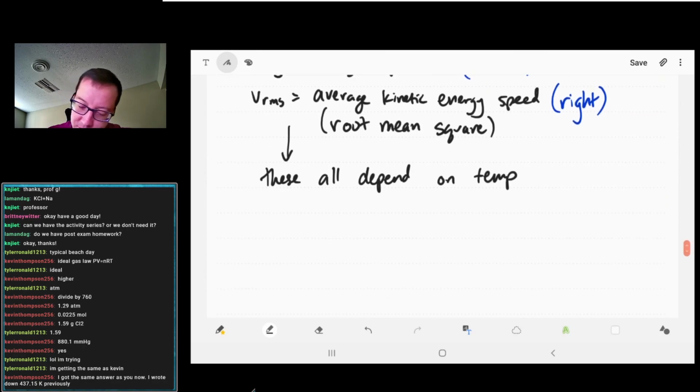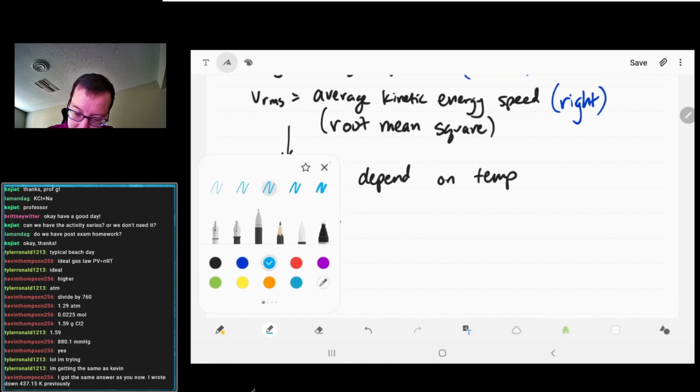If you remember the kinetic energy formula from physics, we have two components to it, though. Kinetic energy is equal to 1/2 mv squared.